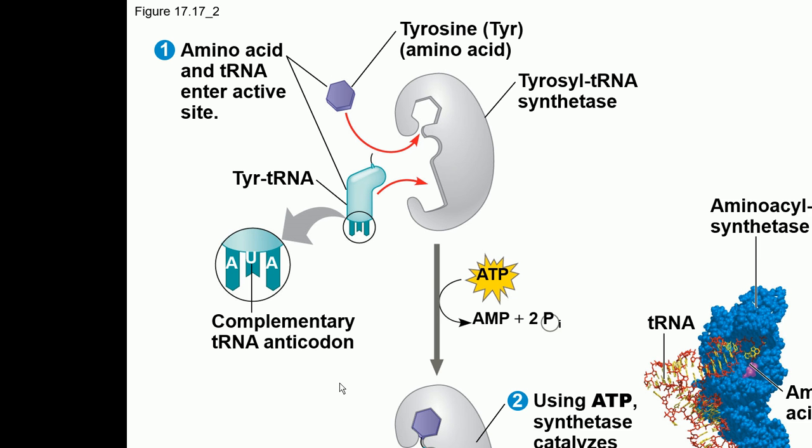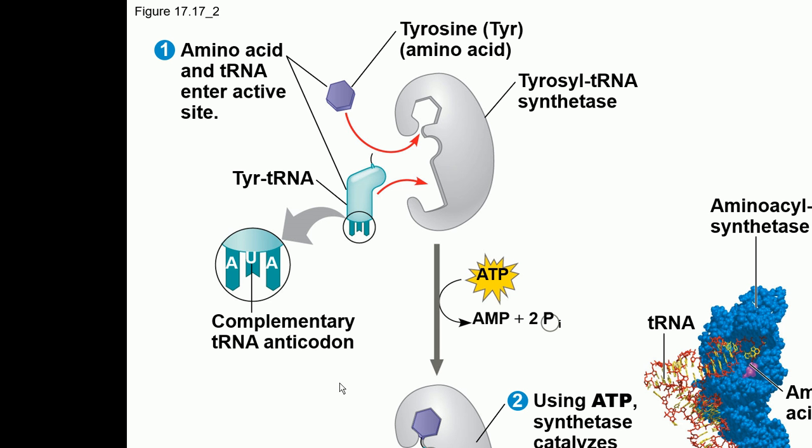When the transfer RNA has an amino acid, then that transfer RNA is called a charged transfer RNA. When there is no amino acid, then it is an uncharged transfer RNA. So remember that, because this terminology is going to come forward. If the transfer RNA has an amino acid attached to it, it is called a charged transfer RNA.